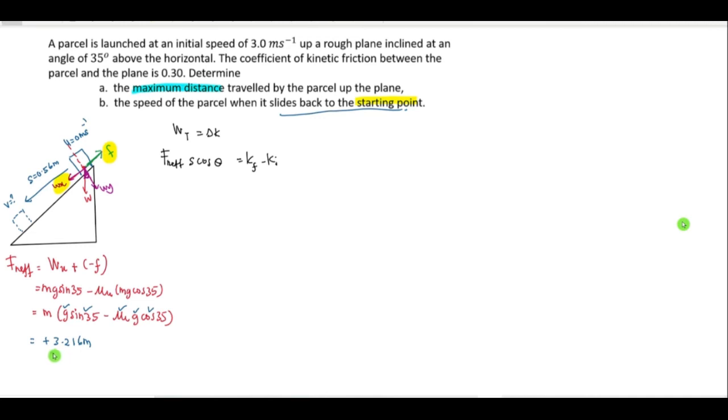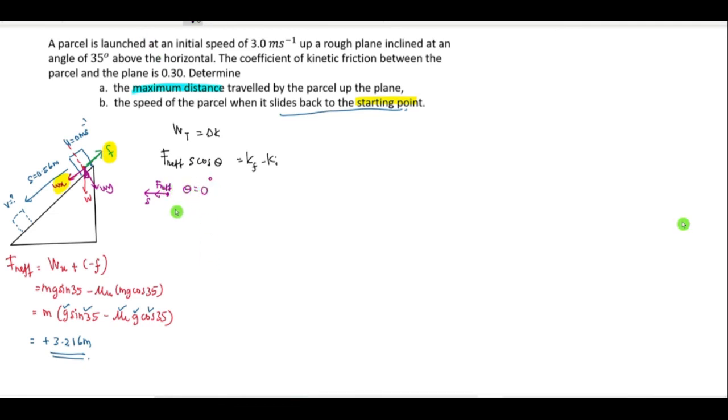Bukan meter, m tu adalah unknown mass dia. Okay, so since F net is positive, maknanya direction dia adalah same direction dengan displacement. Okay, so maksudnya adalah displacement in this direction. So F net also in the same direction. Therefore, theta is equal to 0 degree.